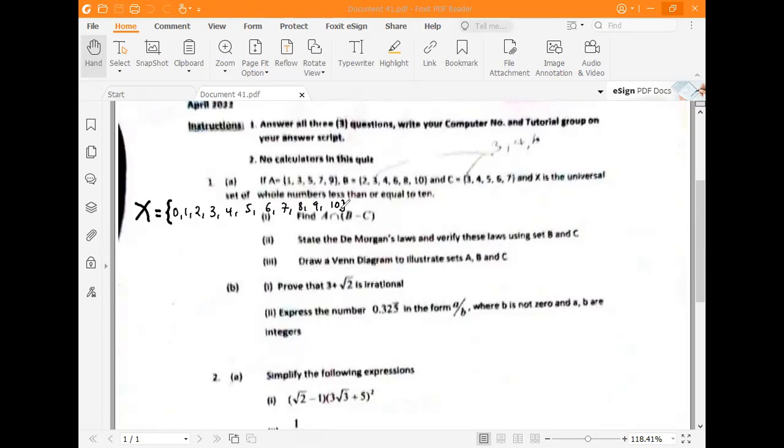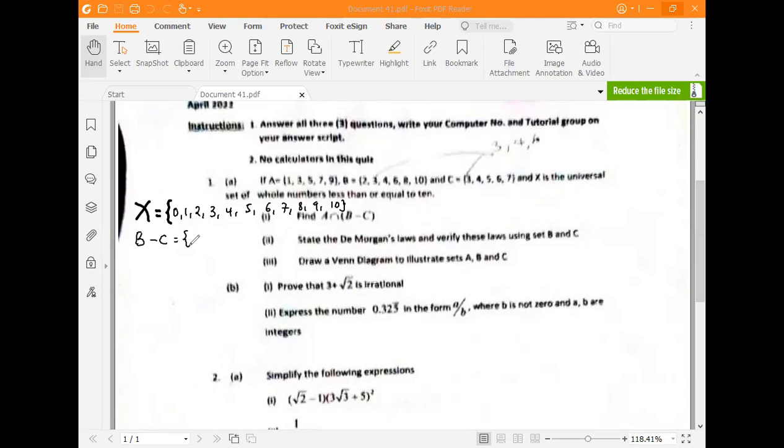Now I want to do B minus C. So what is B minus C? B minus C is the set of all the elements of B that are not in C. The elements of B which do not belong to C.